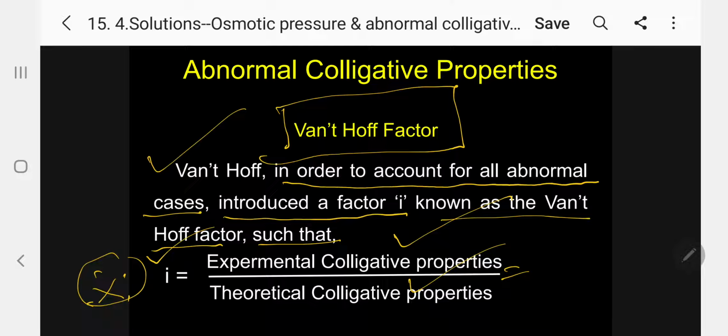We know molecular weight is inversely proportional, so automatically, theoretical molecular weight divided by experimental molecular weight.